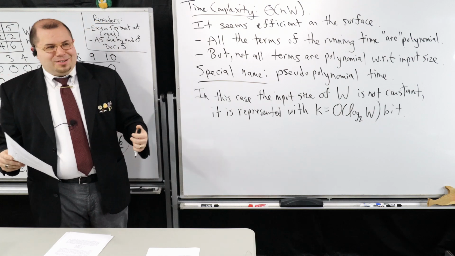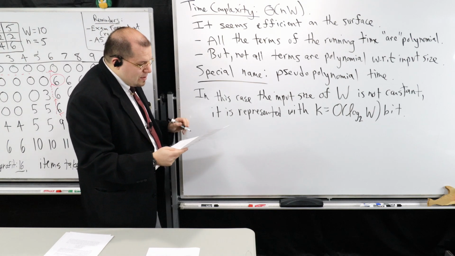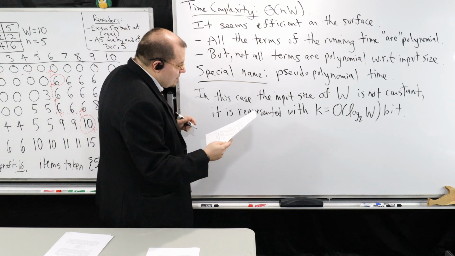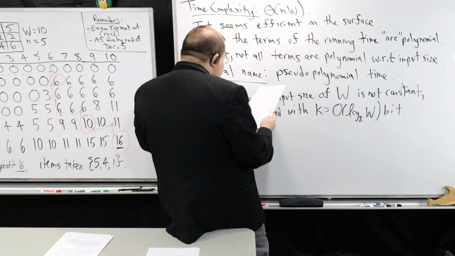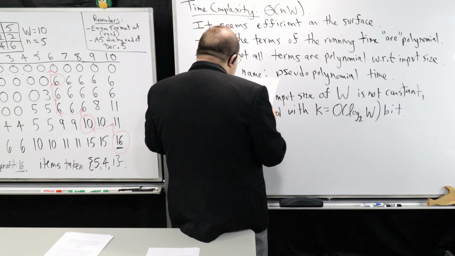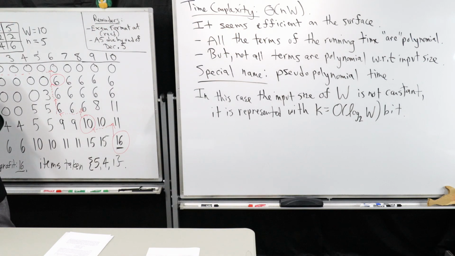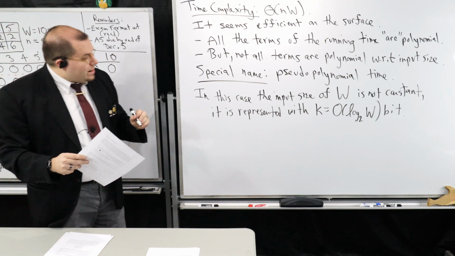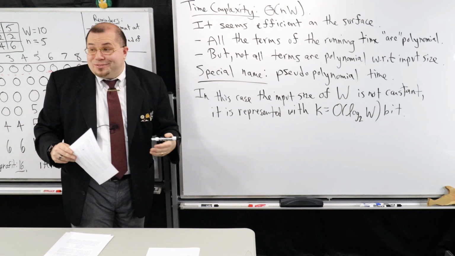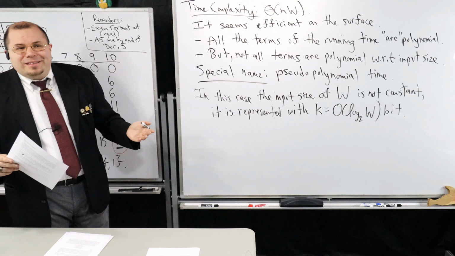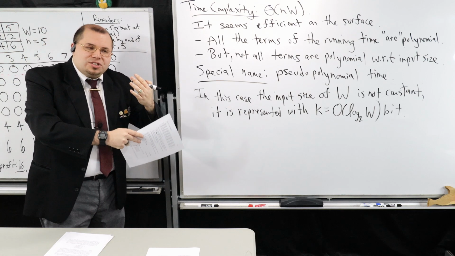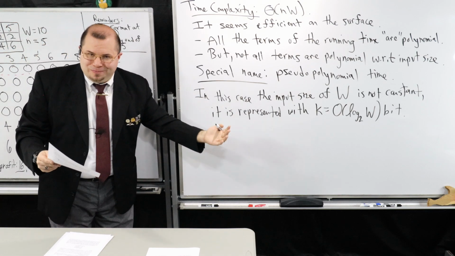What does it look like? Yeah, log W does not increase that much, right? But W grows linearly. But the difference between the proportions of these two is actually exponential.